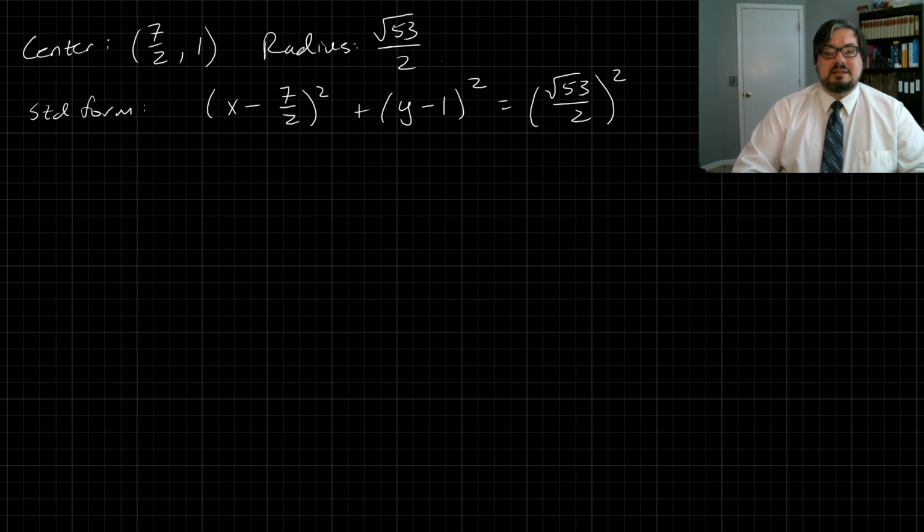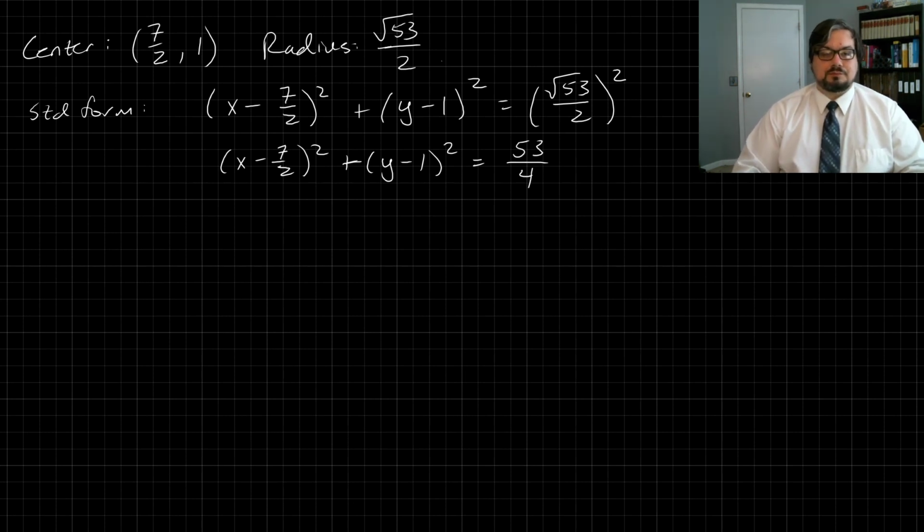This is the standard form, although we'll go ahead and simplify that right-hand side a bit. Square root of 53 over 2 squared means we square the top and the bottom, which means we'll have 53 over 4. Now, to get general form, we're going to expand all this out. And if we multiply this out, we've got x minus 7/2 times x minus 7/2.